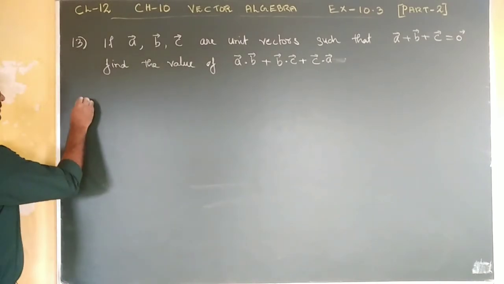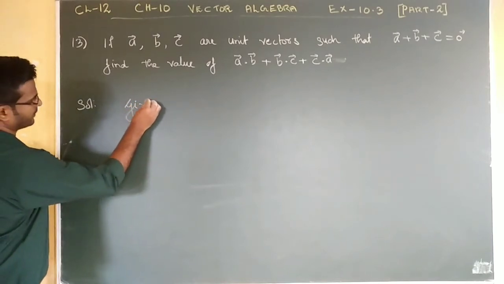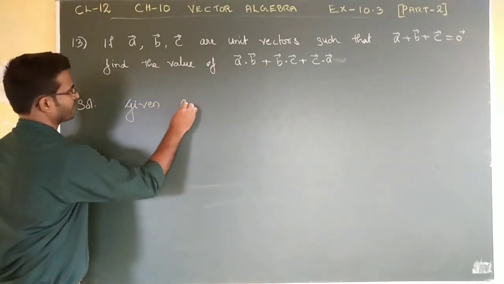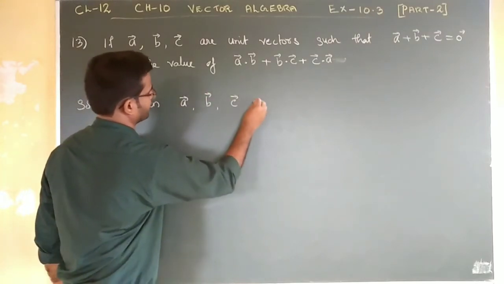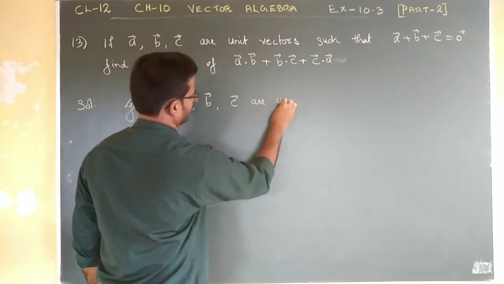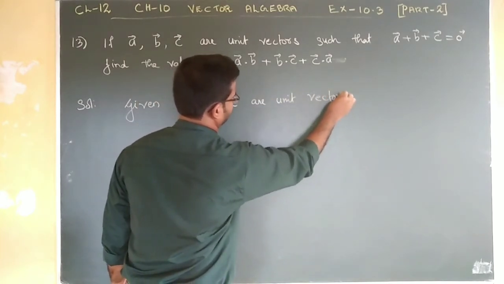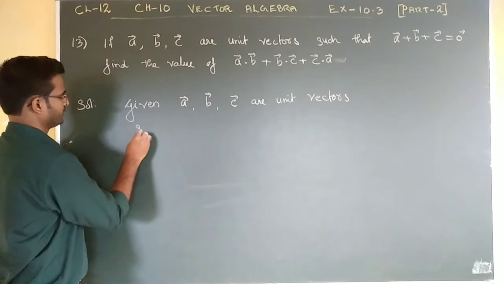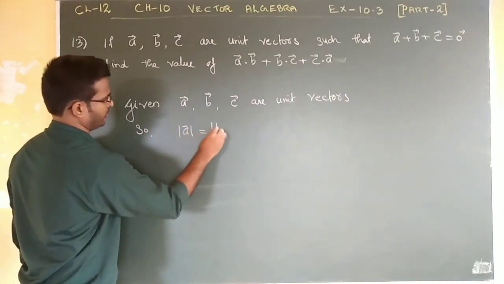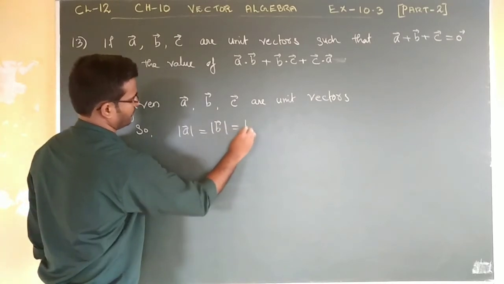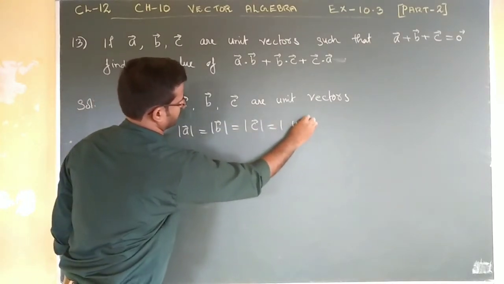First we can write that given A vector, B vector, C vector are unit vectors. So, modulus of A vector, modulus of B vector, modulus of C vector equal to 1 unit.